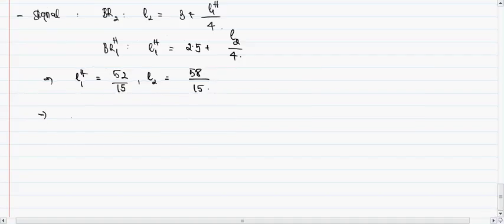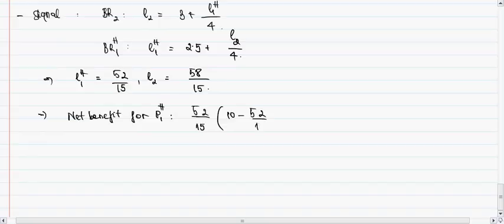Now we will be able to find the net benefit for player 1 if he is a high cost person. It's going to be equal to L1H, which is 52 on 15, times the average benefit, which is 10 minus 52 on 15 plus 58 on 15 divided by 2, so that's going to be 30, and minus total cost, which is 5 times 52 on 15.